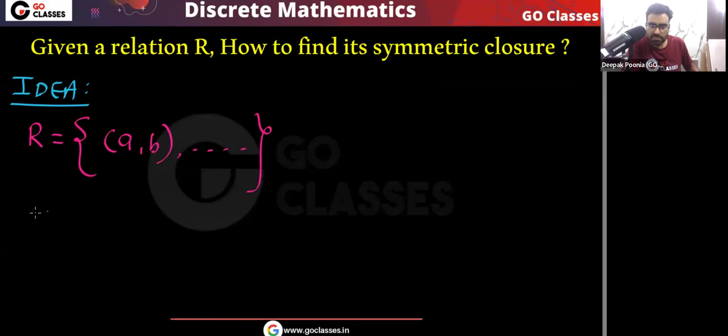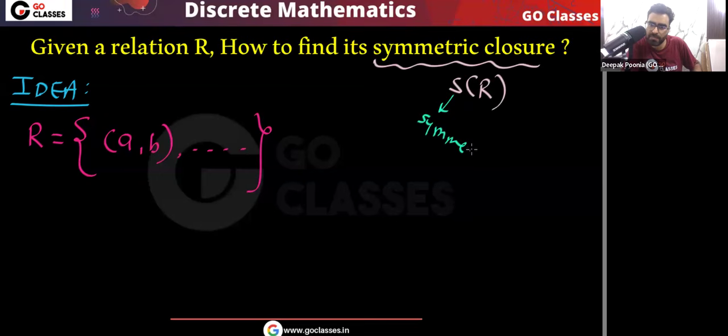Let me write symmetric closure of R like this.